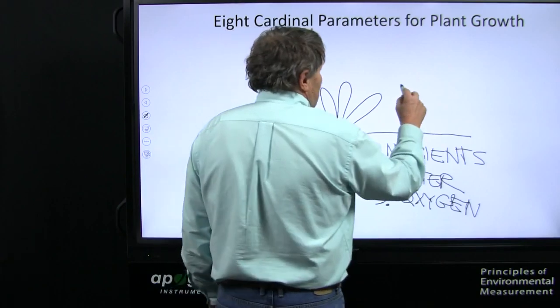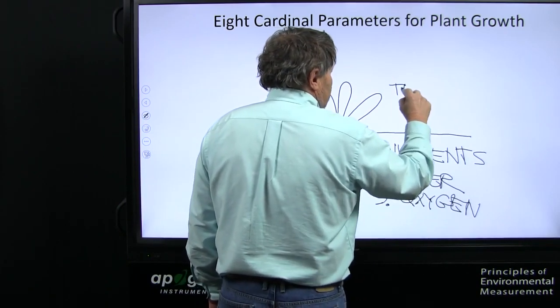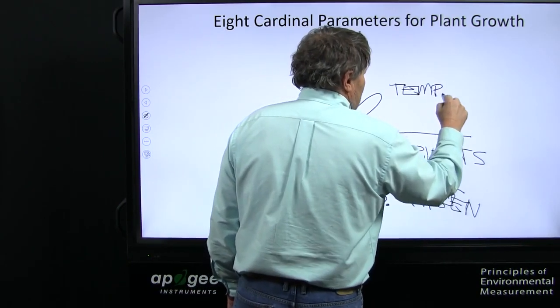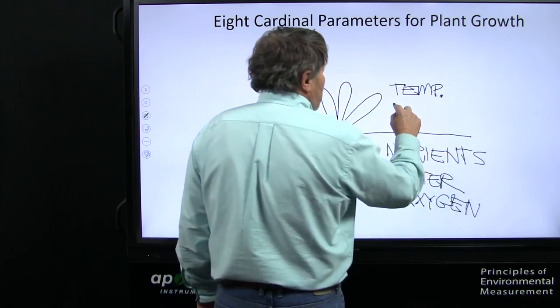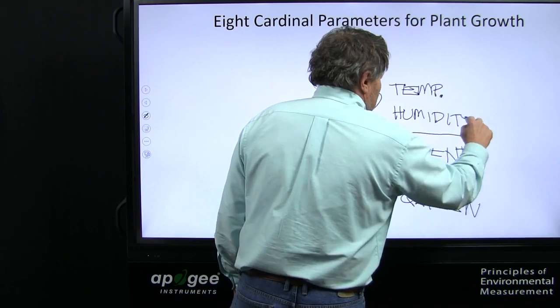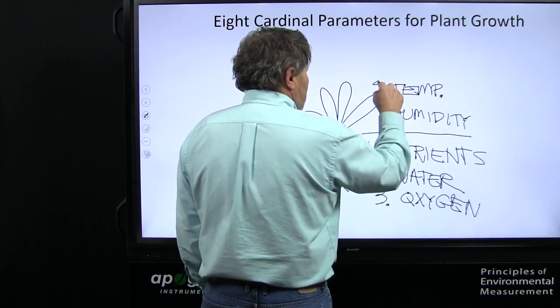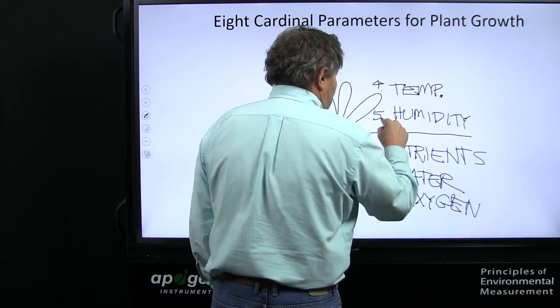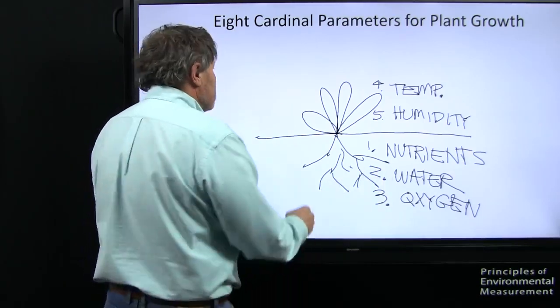How about the ones above ground? Well, we have temperature, and I'm going to abbreviate that temp. We have humidity. So 1, 2, 3, 4, 5, not necessarily in order of importance.